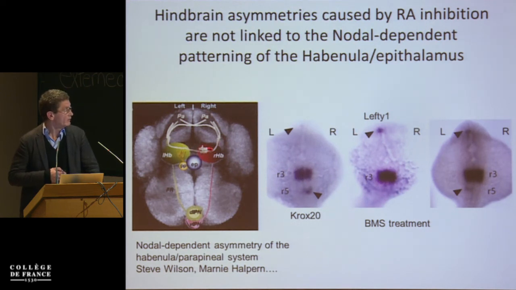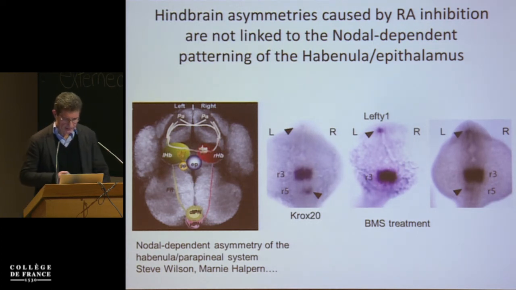And one of the characteristics of this asymmetry is the expression of Lefty on the left side in the diencephalon. So we wondered whether the effect of retinoic acid signaling that Mike had seen in the rhombencephalon was linked to this left-right patterning system of the diencephalon.